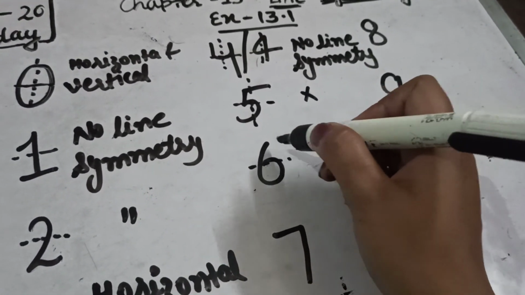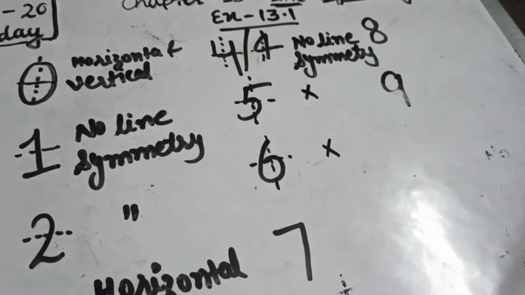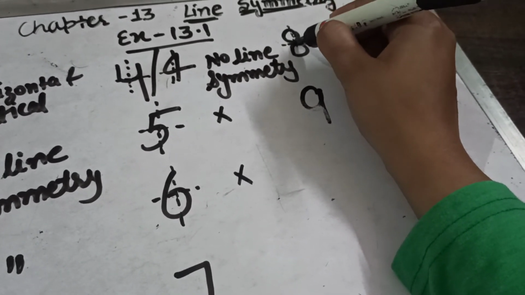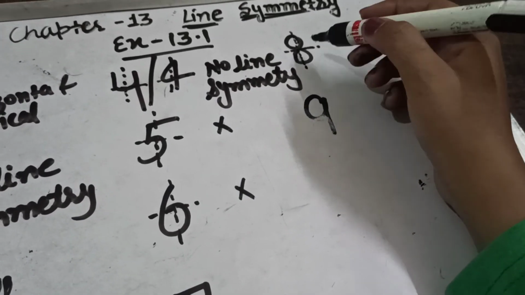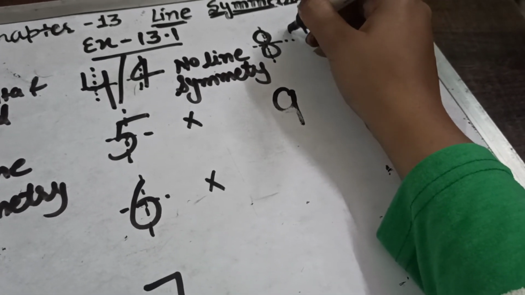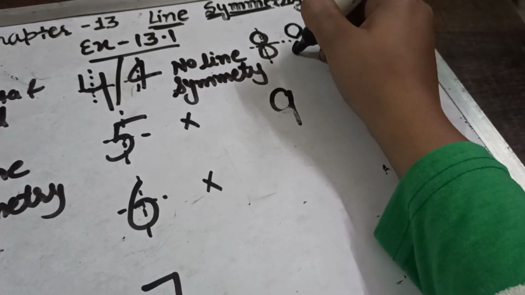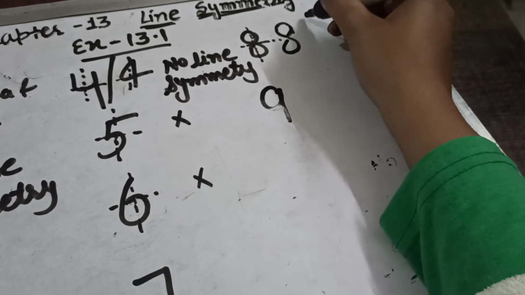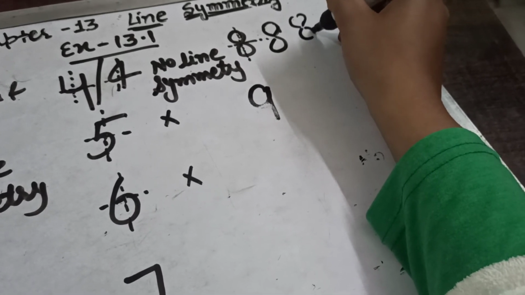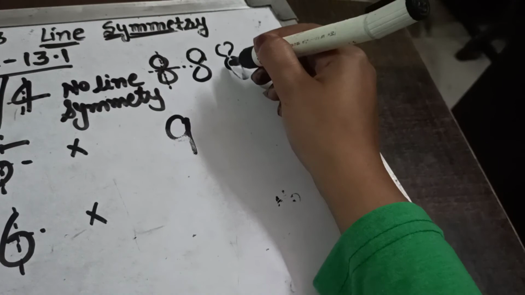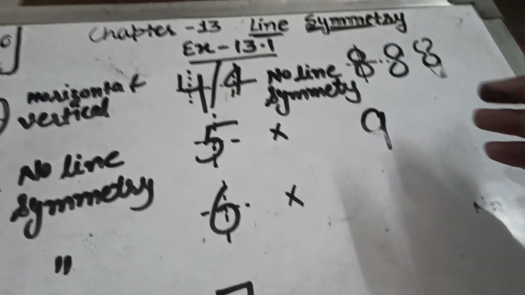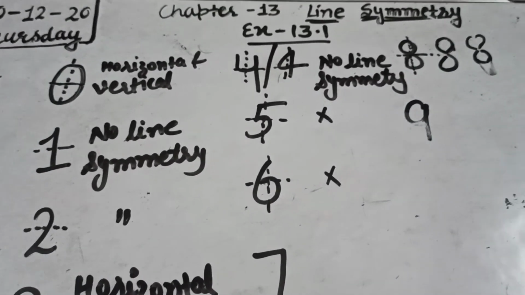In the 6, it is also not. 7 you will check yourself. Now come to 8. 8 is the same as 3. If I draw like this, firstly in this, right, and for this. See, in both conditions, what is created is 8. So you will write here both horizontal and vertical. Now come to 9. 9 also you will check yourself, which line of symmetry is there.